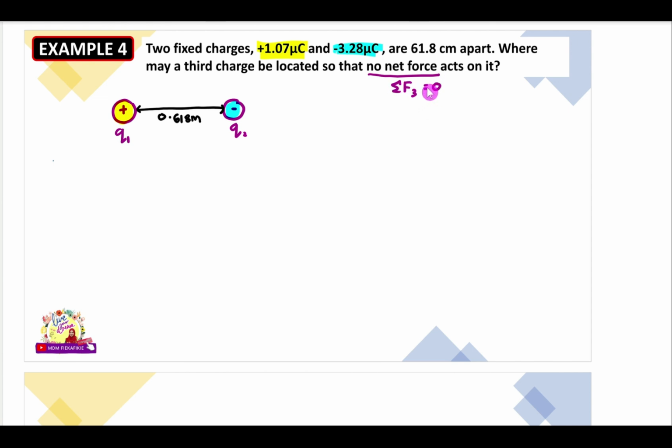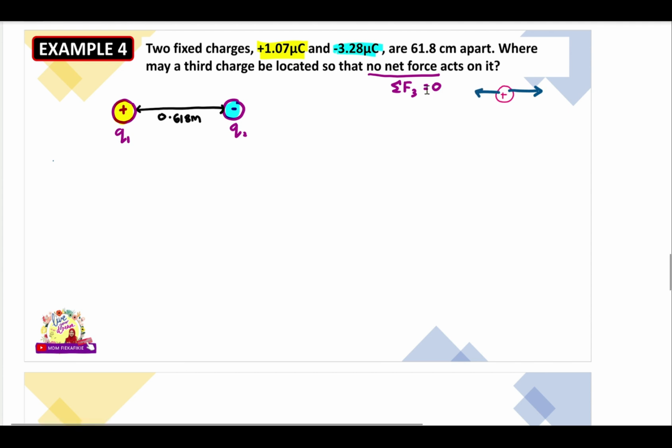Okay. So, kalau saya kata saya letak dekat tengah. Okay. So, bila you nak kira the net force on a charge, apa-apalah positif, kita consider positive charge lah. Okay. So, bila kita nak letak dekat mana-mana position, pastikan, okay, ni tips dia lah. Pastikan the direction of the force on that charge mesti satu ke sini, satu ke sini.